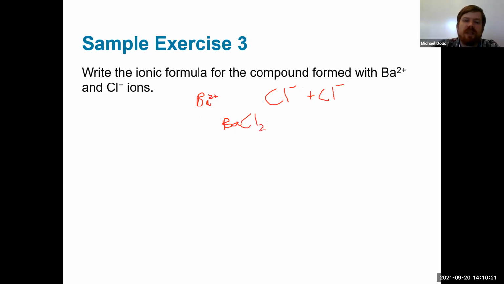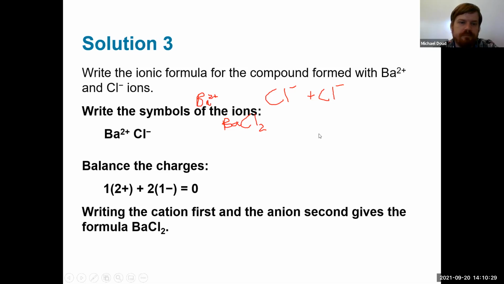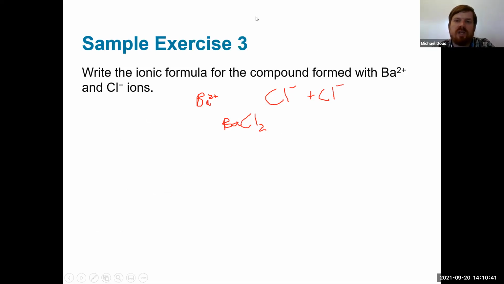So that should be our formula for barium chloride. Now note, we're always going to write the metal before the non-metal in these formulas. This is the other way you can do it here. You have 1 of the barium ions plus 2 times -1 of the chlorides. That gives 0.